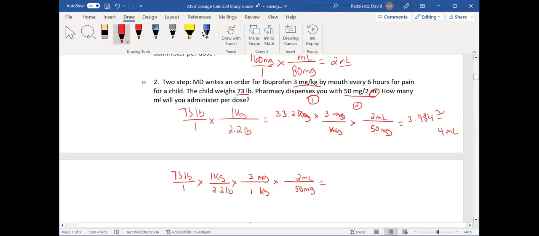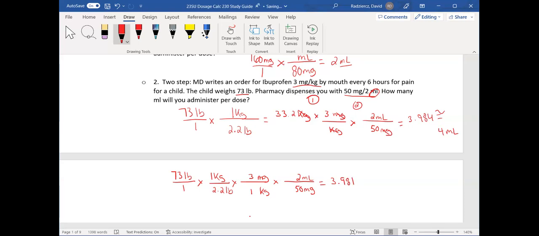So let me see what it does down here without accounting for the rounding initially. So 73 times 3 times 2 gives me 438. Then I'm going to divide by 2.2, and I'm going to divide by 50. And I'm basically going to get the same answer I got before. I'm going to get 3.981 repeating.